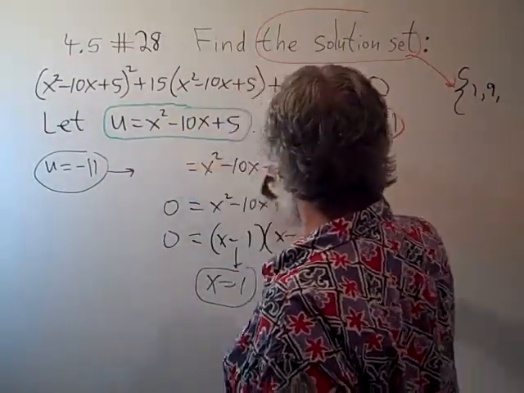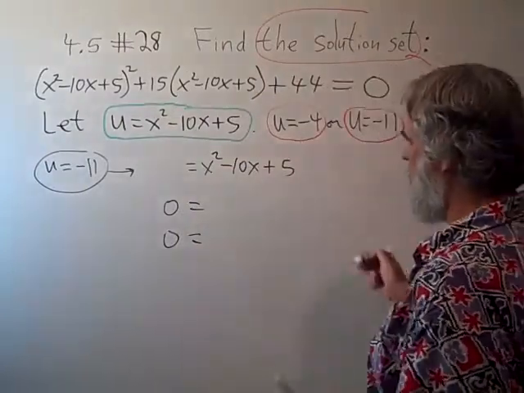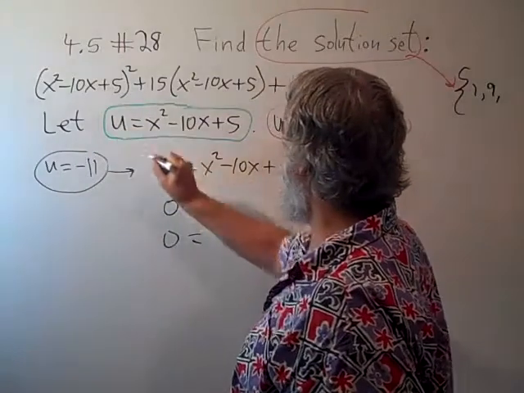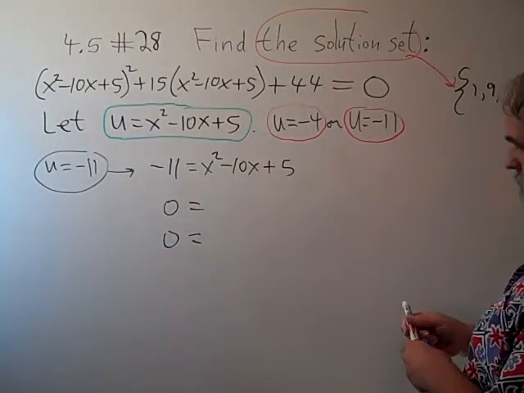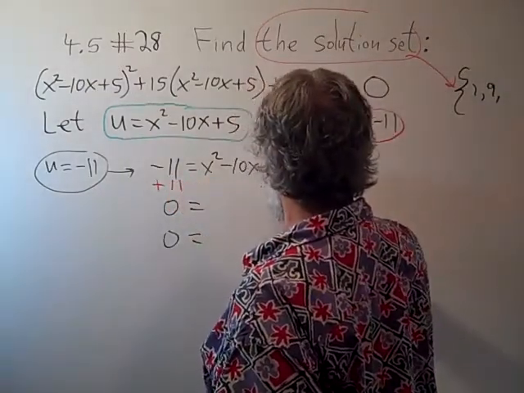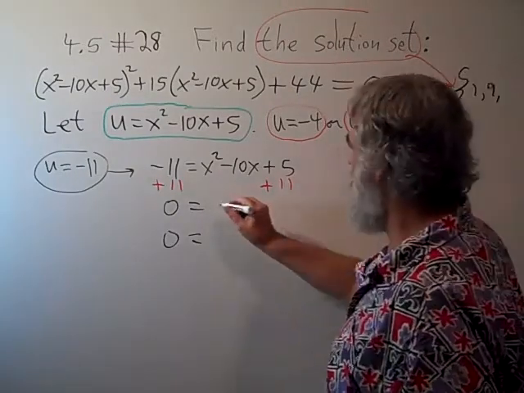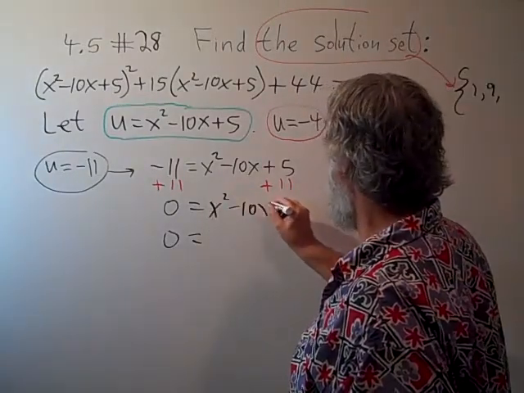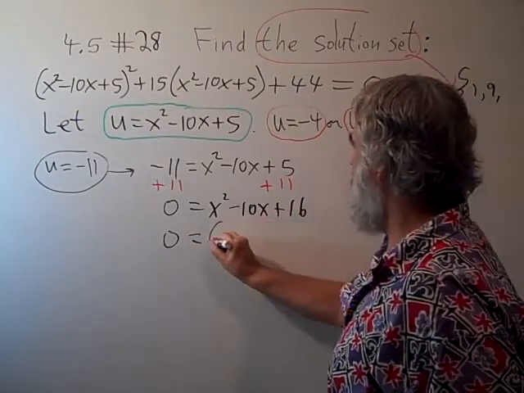So this time our equation is going to be very similar, I think. So when u is -11, then -11 is equal to x squared minus 10x plus 5. And if I add 11 to both sides, this equation becomes x squared minus 10x plus 16. And we have to factor this one.